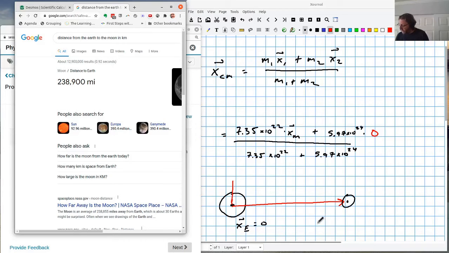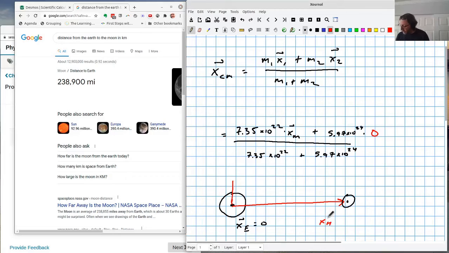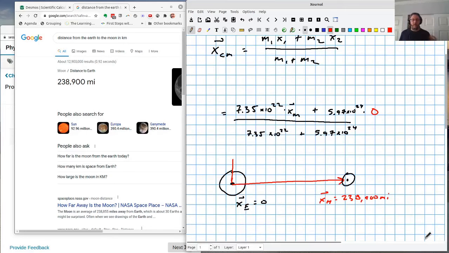So let's figure that out. So position of the moon is 238,900 miles. This is another thing you can look up if you don't happen to know it. 1.609 kilometers in 1 mile.